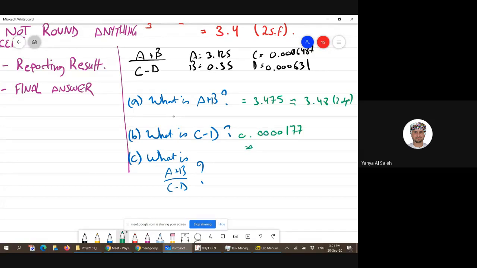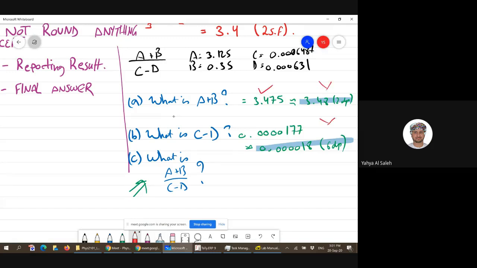So to 6 decimal places, this will be the answer. I rounded them off. But when I come to this question, what is the final thing? I do not, and I can't say this enough, I do not use these numbers.